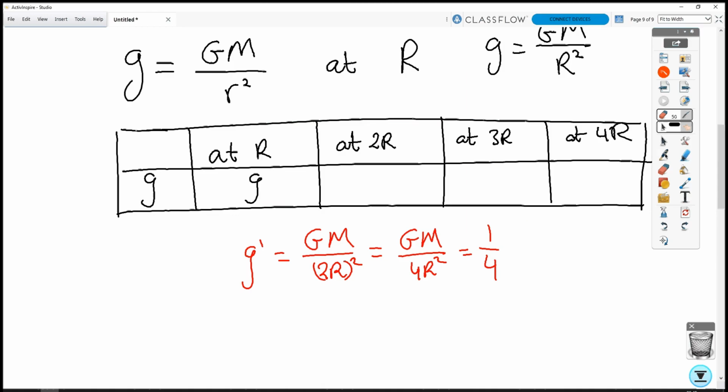So when we're at 2R, the value for g actually becomes 1/4 g. And if we did that at 3R, we'll get 1/9 g. And at 4R, we get 1/16 g. So that's the inverse square law.